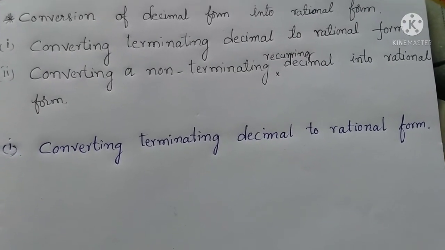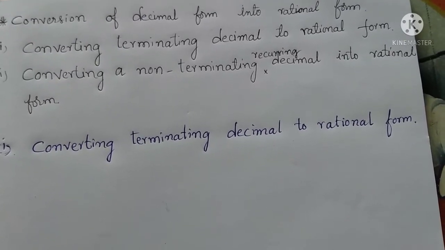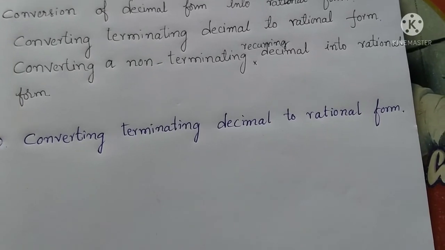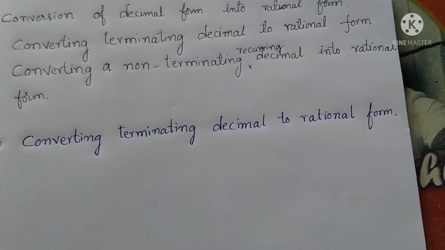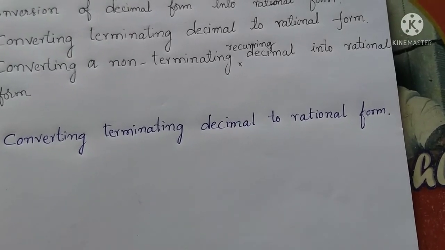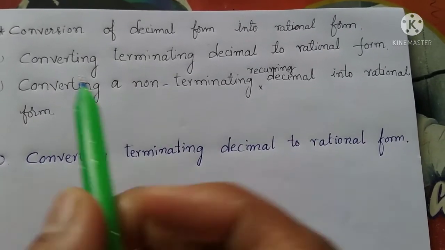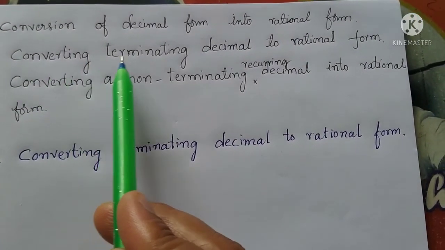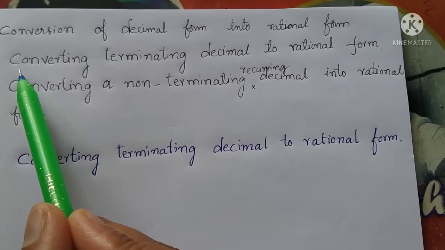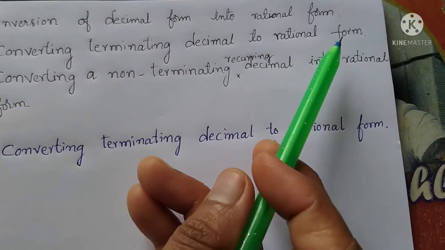The next topic is conversion of decimal form into rational form. Here there are two types of decimals, terminating decimals and non-terminating recurring decimals. Understand? The first one is converting a terminating decimal to rational form.